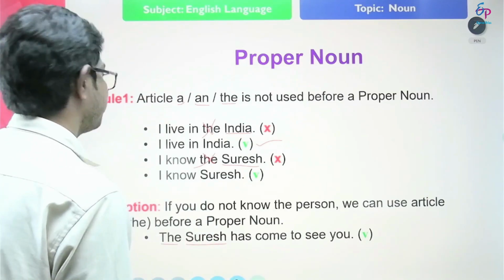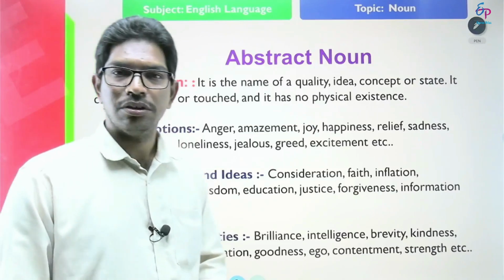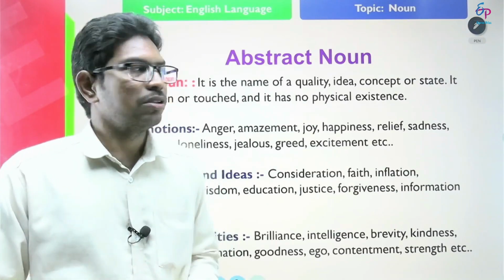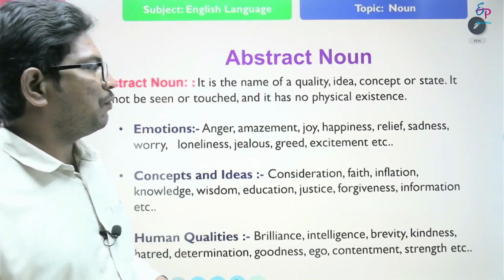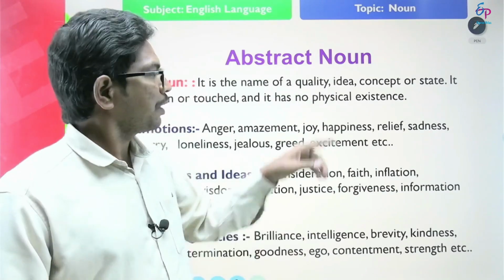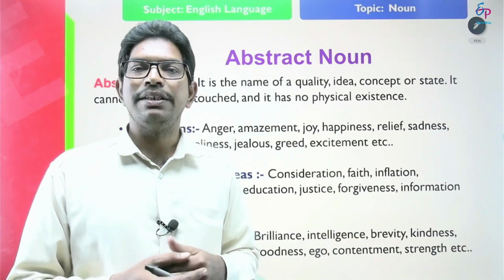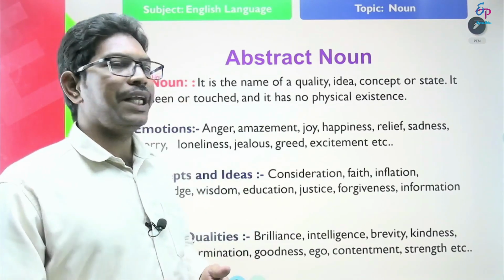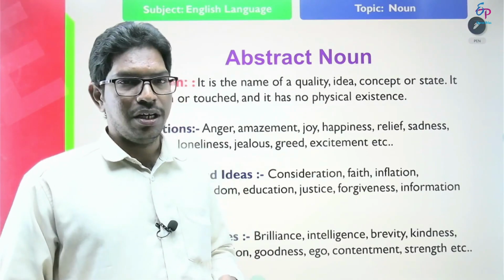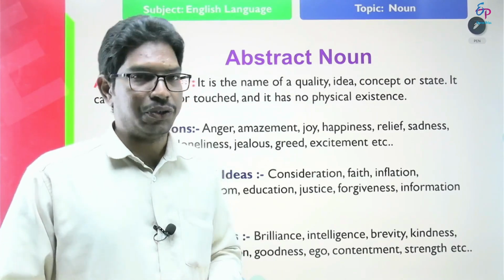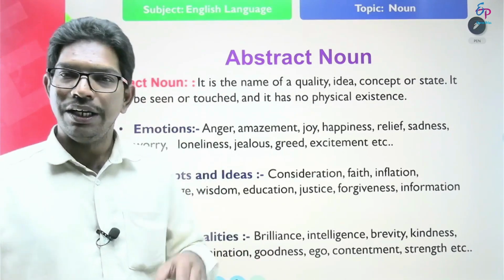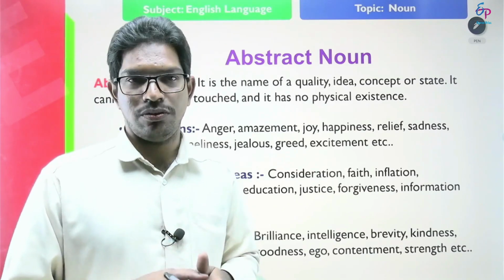Next, we'll discuss abstract noun. What is an abstract noun? It is the name of a quality, idea, concept, state or action, etc. That means it does not have physical existence.